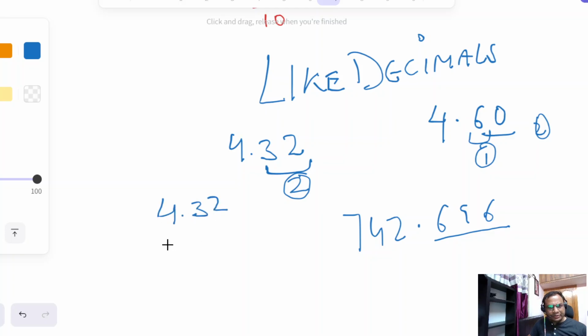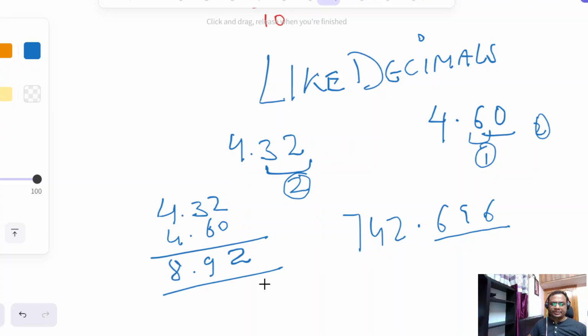So 4.32 plus 4.60 is 8.92. Correct. So addition is straightforward, same as how we add simple numbers. Just make sure that they have the same number of decimal places. You can just add 0 on the last.